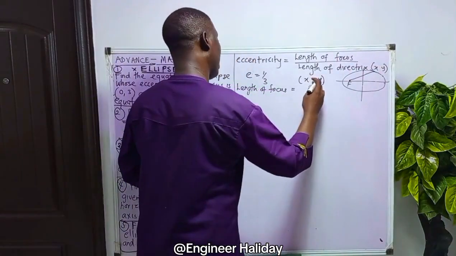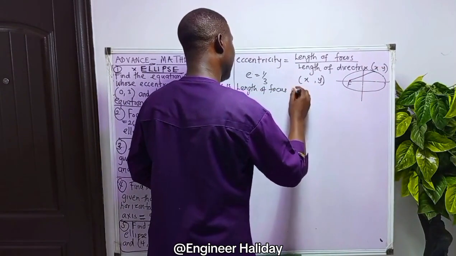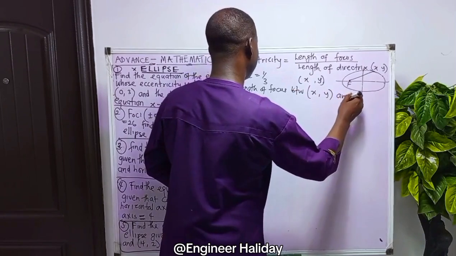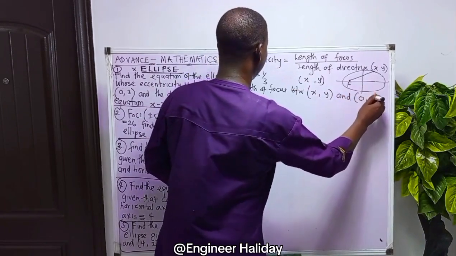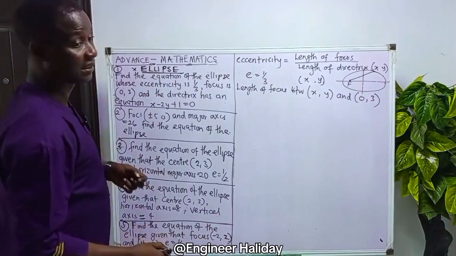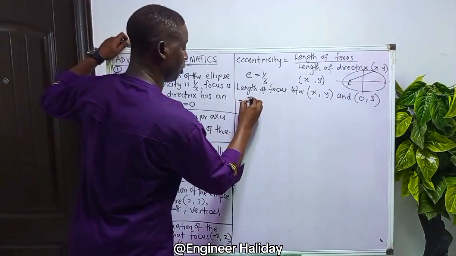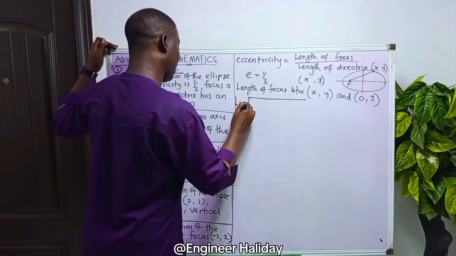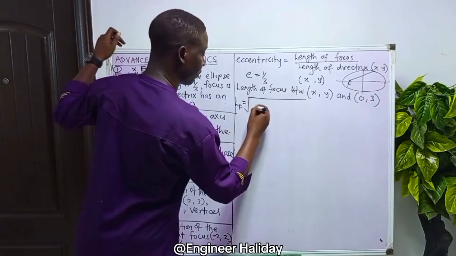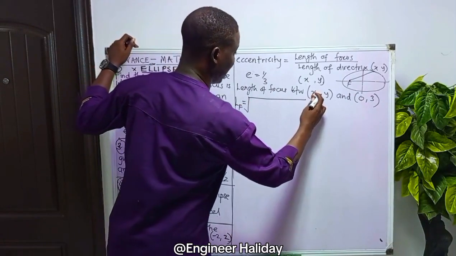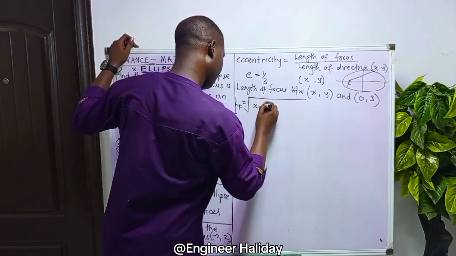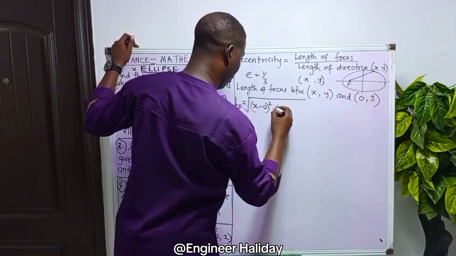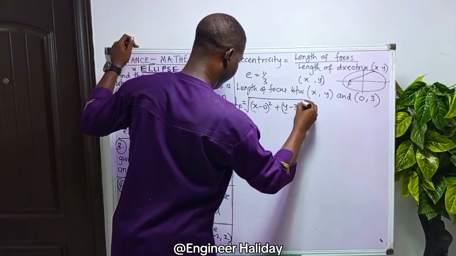So the length between (x, y) and (0,3) will become a square root. You know how to find the distance: square root of (x2 minus x1) all square plus (y2 minus y1) all square.